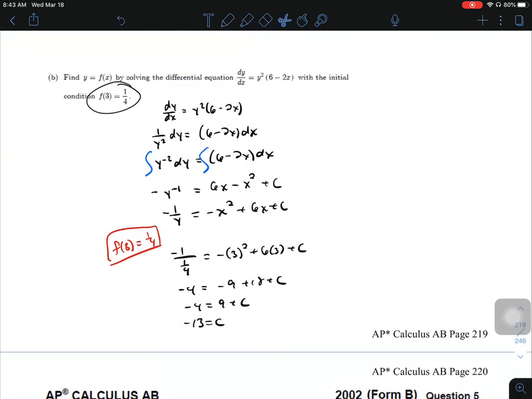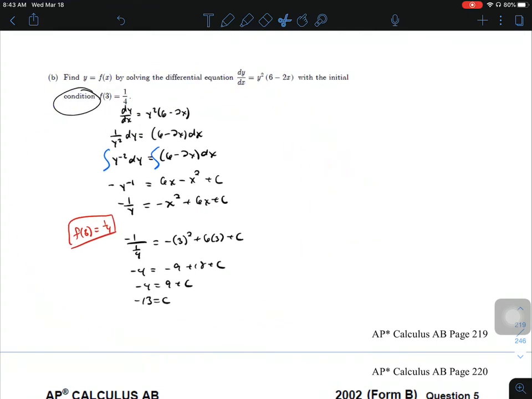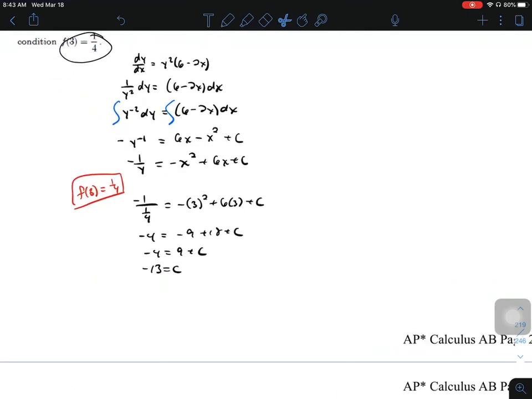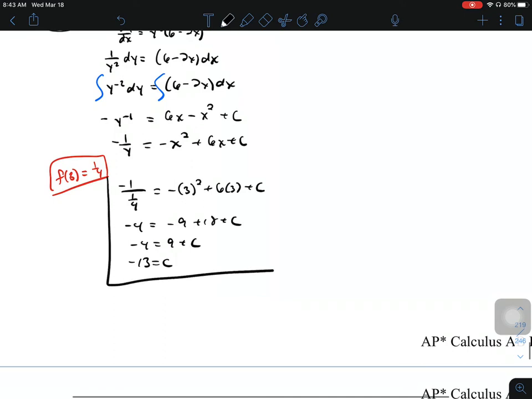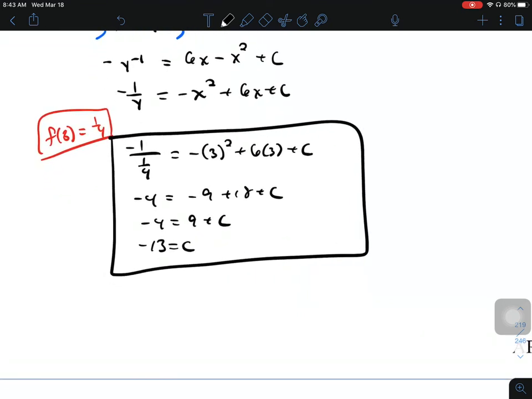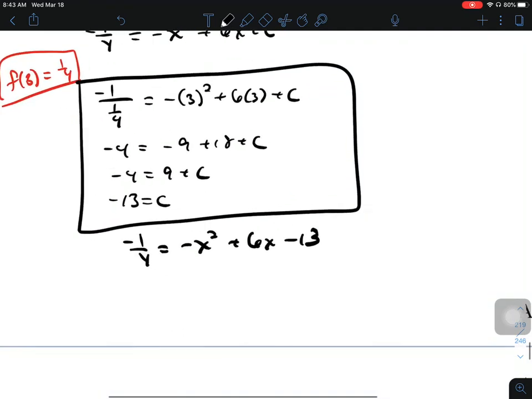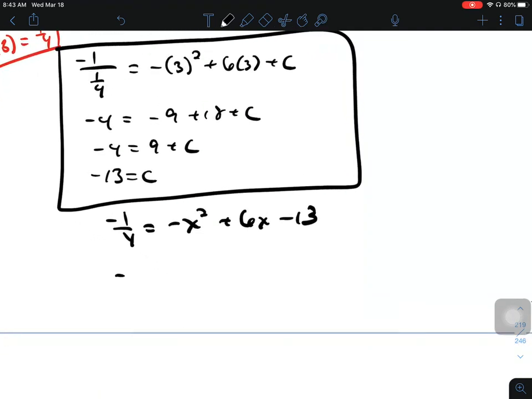And I have written possibly too big here. So then, to figure out what f is, I'm going to take my equation, and I'm going to replace the c with negative 13. I'm going to get y by itself. I'm going to multiply both sides by y.